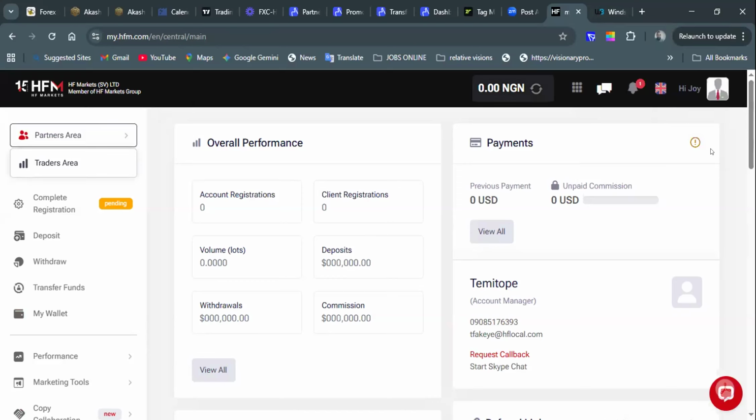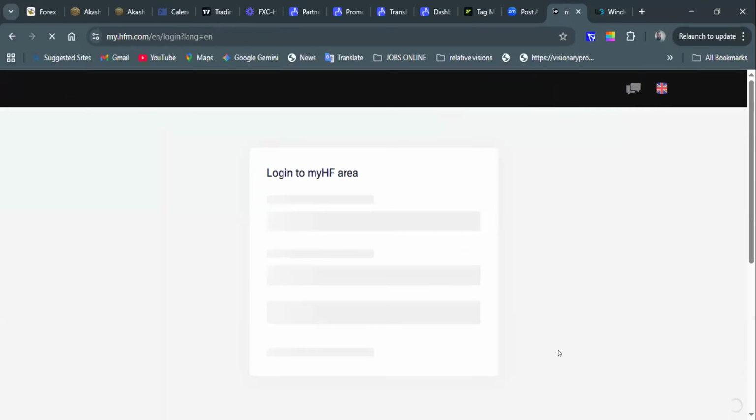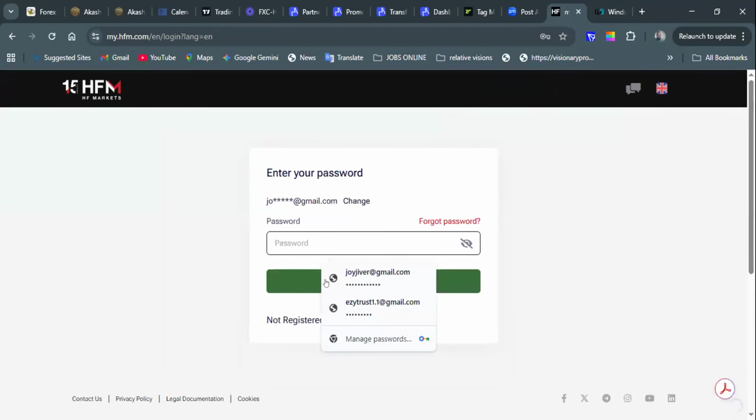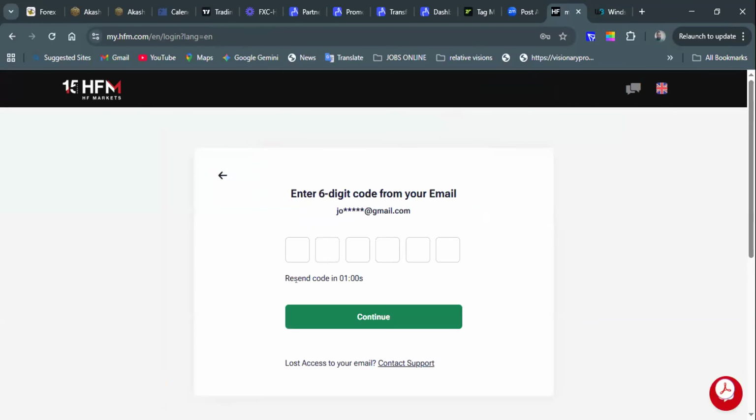I was seeing that just now. Can't find it right now. Creating trading account. Use the code to log in.